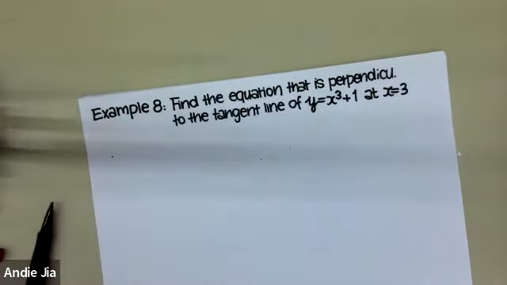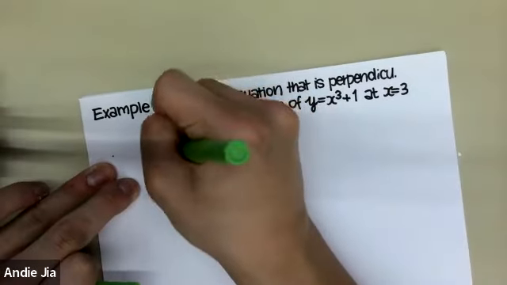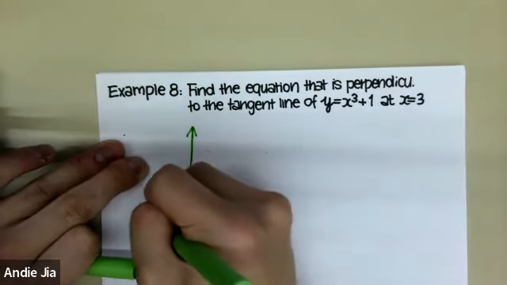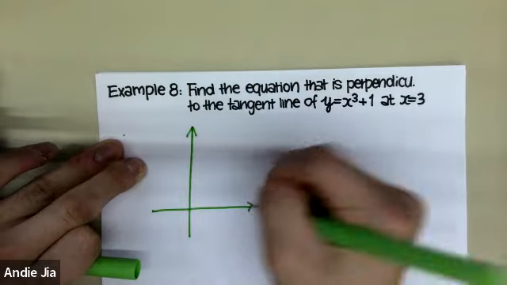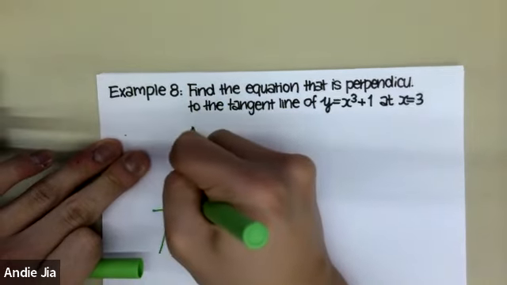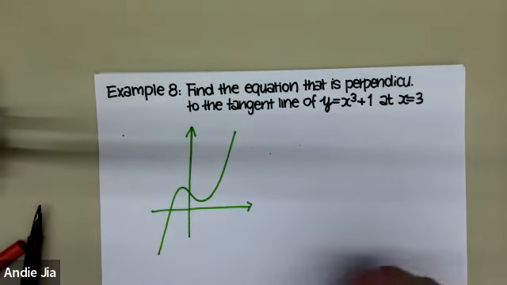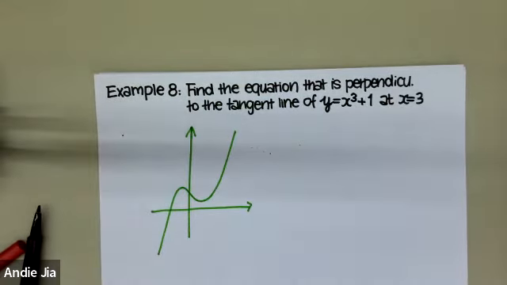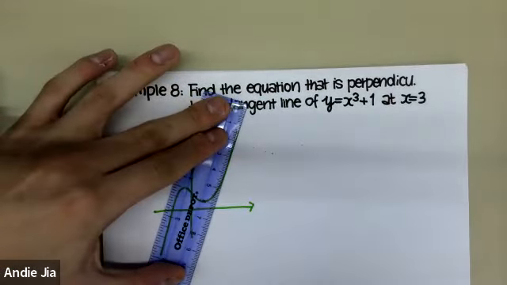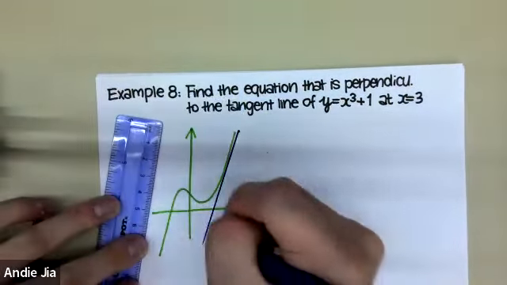Just to draw a visual. At (3, 28), is this point on the graph? This graph is not going to scale.